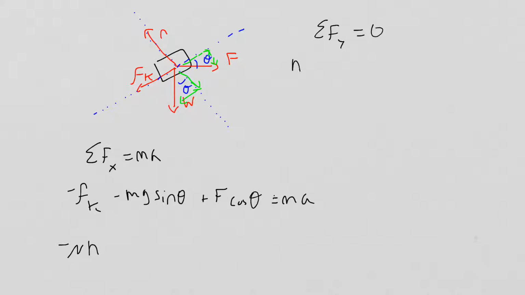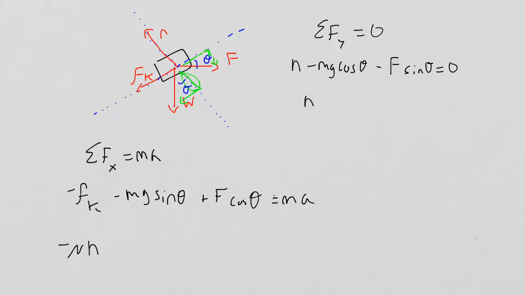So the normal force, positive, minus part of the weight, that's that component, and also minus part of the force F, right? That's what Newton's laws in the vertical direction tells us. You don't assume anything about the normal force, you have to solve for it.